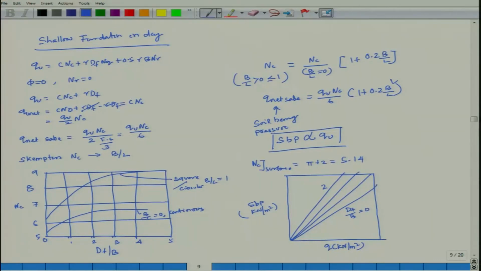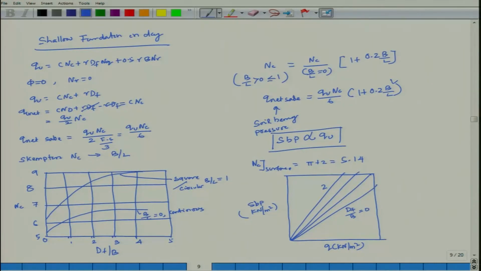Let me revise it. If you look at this, QU is equal to CNC plus gamma DF NQ plus 0.5 gamma B N gamma. For purely cohesive soil, phi is equal to 0, that means N gamma is equal to 0, then QU is equal to CNC plus gamma DF.